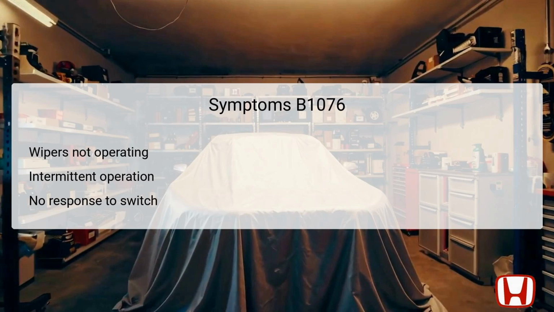In some cases, there may be a complete lack of response when attempting to switch the wipers on. Recognizing these symptoms can help in identifying the underlying issues within the circuit. These operational failures necessitate immediate attention to ensure that driver visibility is not compromised, showcasing the importance of a well-functioning wiper system in a vehicle, especially during adverse weather conditions.